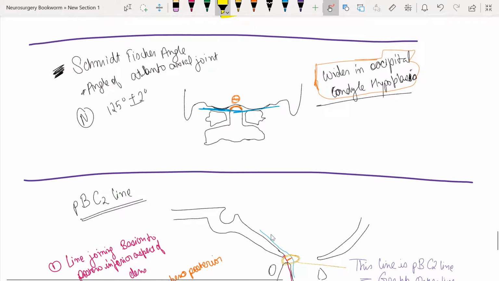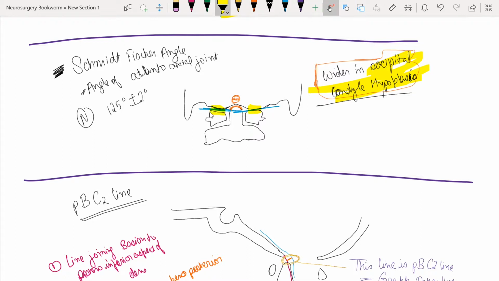The next parameter, generally used for occipital condyle hypoplasia, is the Smith-Fisher angle. It is also called the angle of the Atlanto-axial joint. So what is the Smith-Fisher angle? It is an angle made by two lines which run along the axis of the Atlanto-occipital joint.